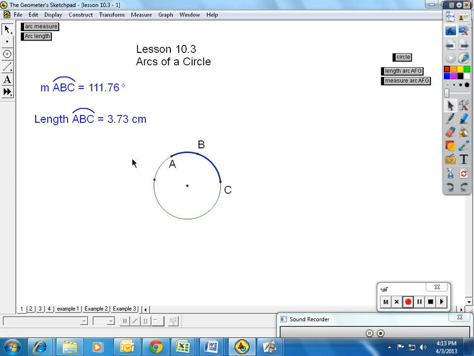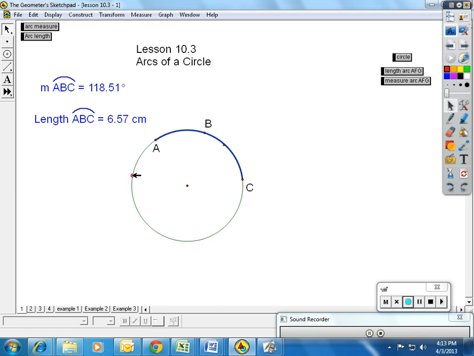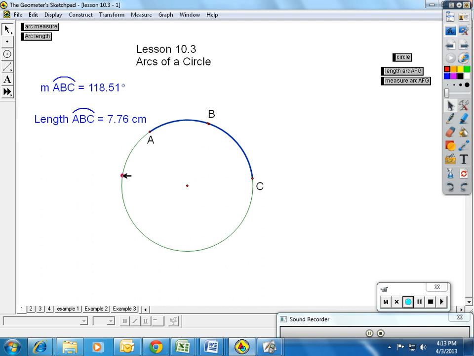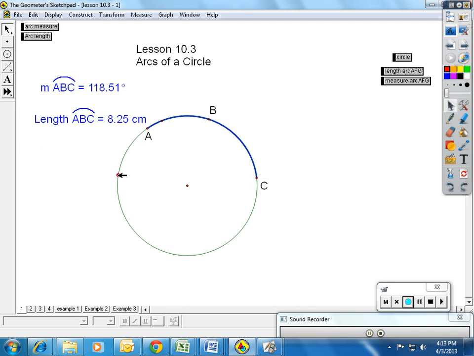Now, what is the dependence of these? So, does length depend on arc measure? Does arc measure depend on length? We see that they both seem to be growing together. However, I'm going to show you that I can grow the length without growing the measure. If you want to notice what's going on now, as I make this circle large, my length is growing, but it's still 118.5 degrees.